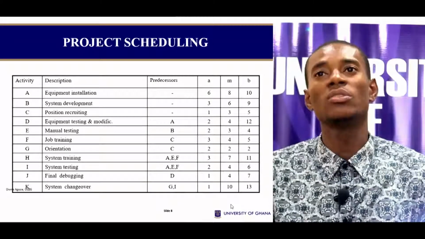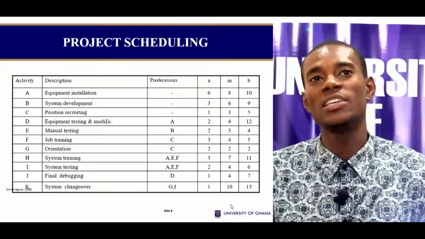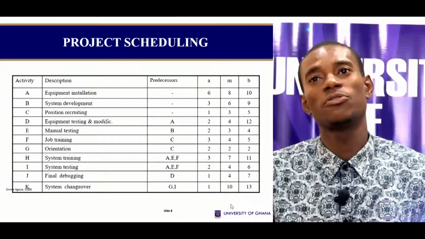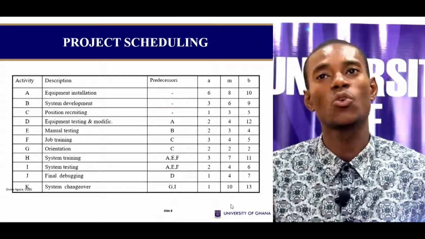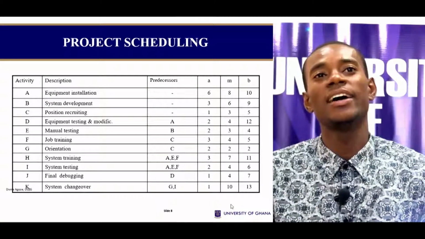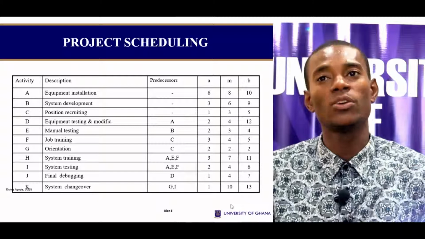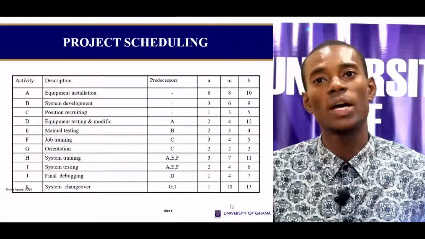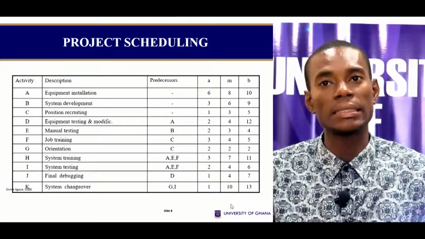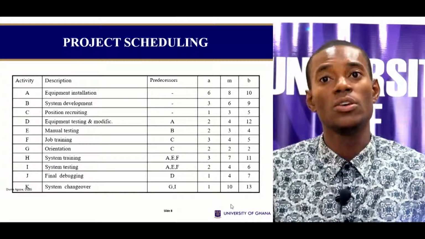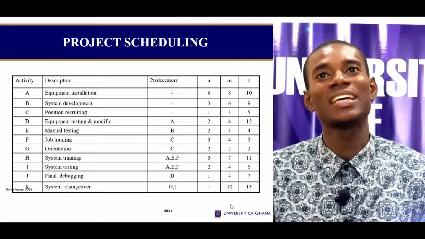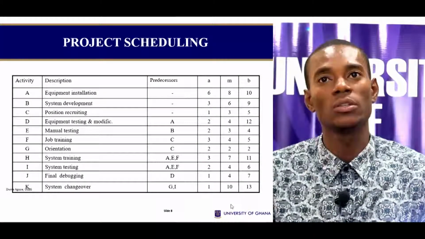I'll do the same for activity E, which is 4 minus 2 over 6, all squared. For I, I'll do 6 minus 2 all over 6, all squared. And for the last one, K, it will be 13 minus 1 all over 6, and then I square it. When I sum them, it will give me my total variance.